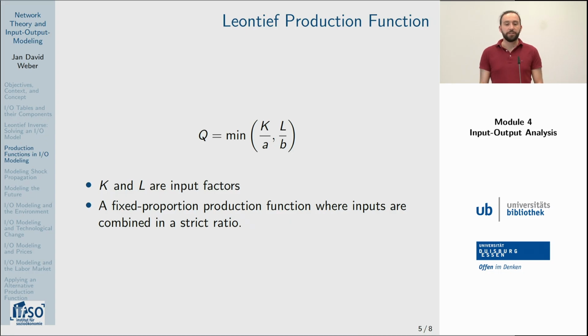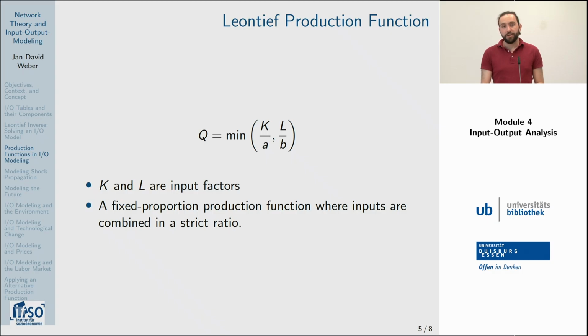Leontief production functions are exactly the case as in the Leontief input-output tables. We have the input, because we have again the input factors capital and labor. But in the input-output table, as you've seen in the last videos, the proportion of production functions are constant. So there is always a specific proportion of input from sector 1, from sector 2, and from sector 3 to produce goods in sector 1.